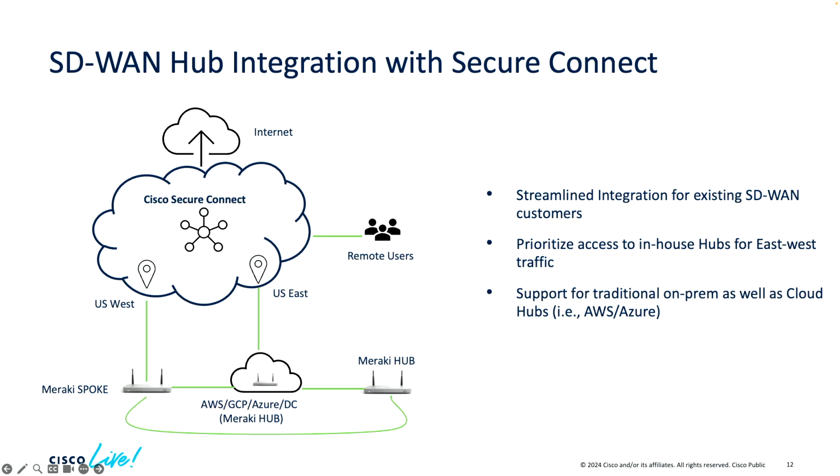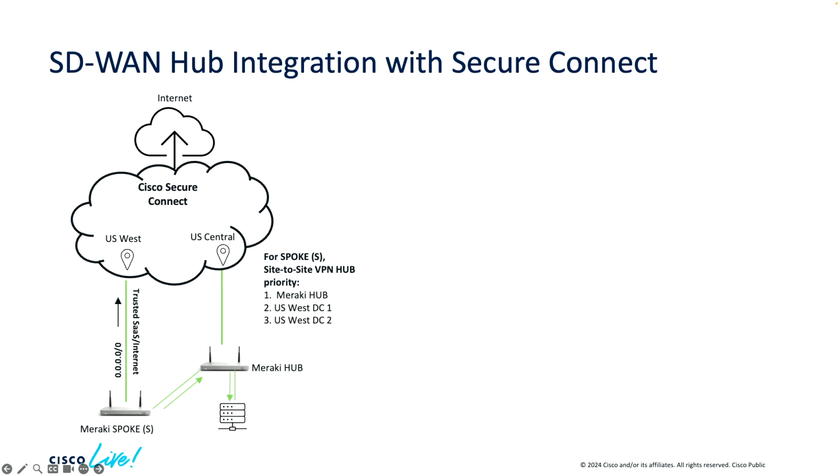And then we will help you achieve all the route priorities or connectivity between the two, depending on your choices. So if I show you one example, let's say I have a hub, which is a data center located on-premises somewhere. And now you're trying to onboard this whole architecture to Secure Connect. That's fine. You onboard that, then it's your choice.